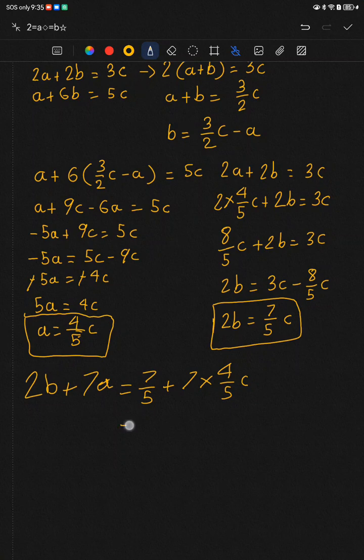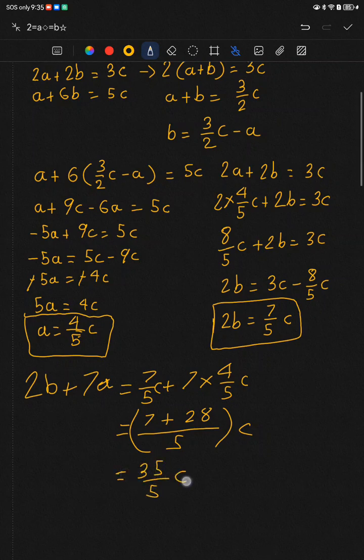So 2B plus 7A then becomes, we can group the fractions together so they have the same denominator. There should be C, my bad. 7 plus 7 times 4, which is 28, over 5 C, or 35 over 5 C, so 2B plus 7A is equal to 7C.